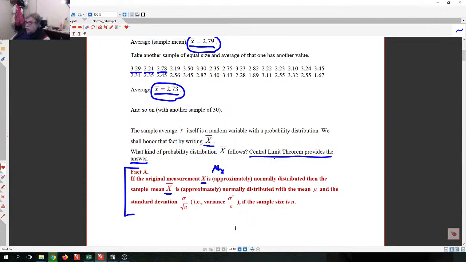There is an average of all of the GPAs of high school seniors. It also has a standard deviation, and we're going to label the standard deviation of X, which means it varies from student to student. So it has a variance.